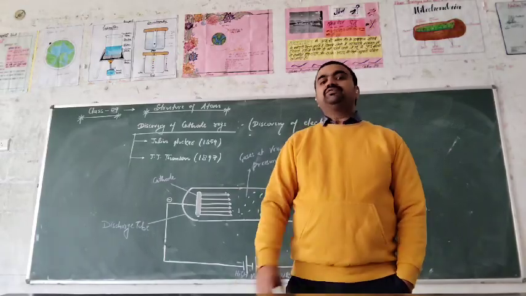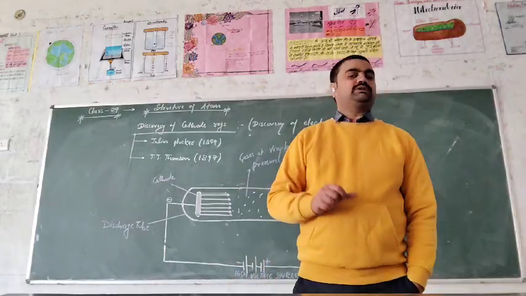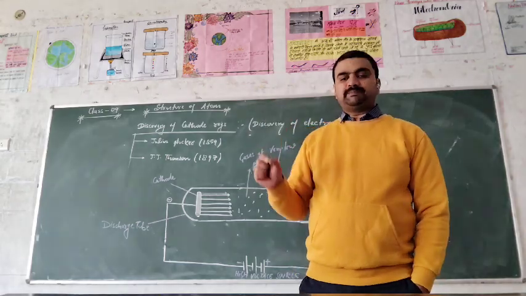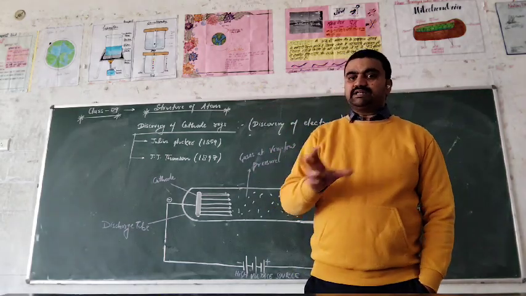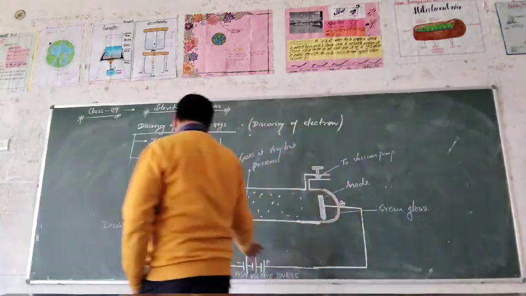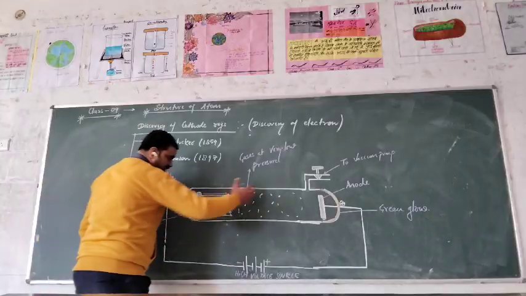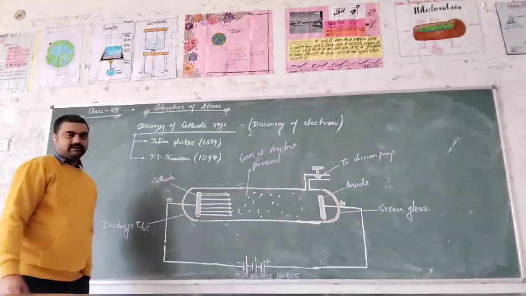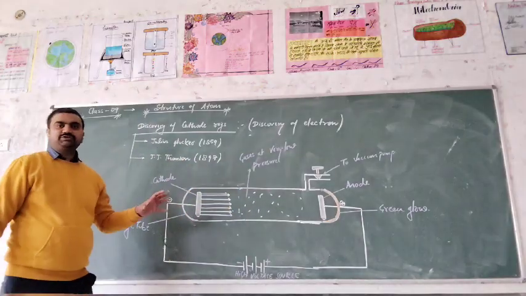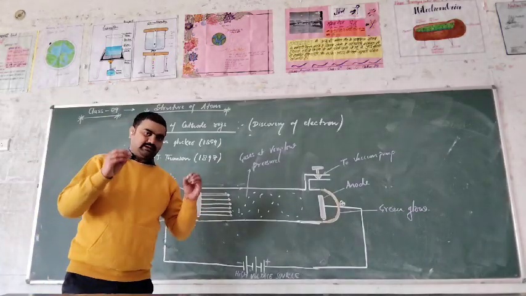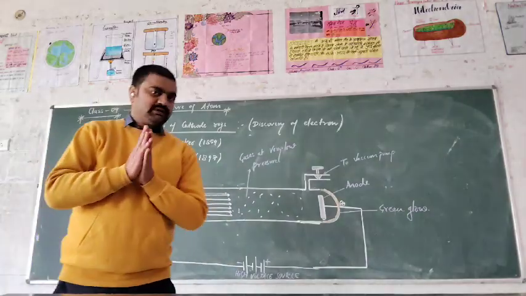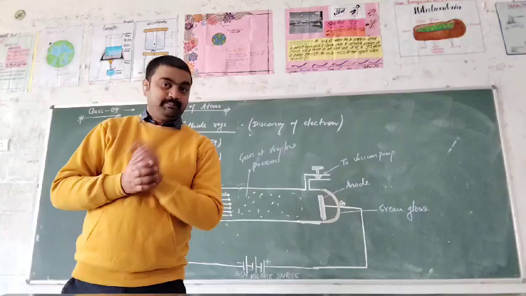First of all, we have to discuss the discharge tube experiment. What is the discharge tube experiment? You can see a diagram given here. Why is there a need to study the discharge tube experiment?